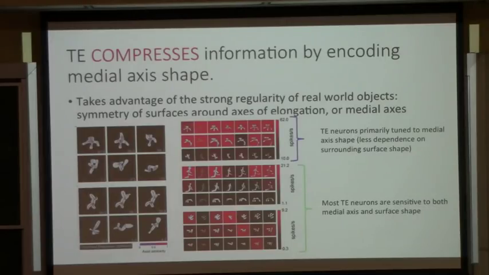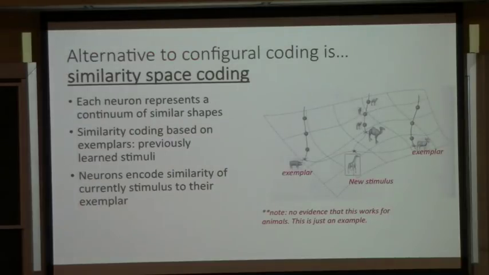Yes? What is TE? I tried looking for what it stands for, and I think it's literally just called TE. It's after V4 in the pathway. I'll see if I can find a better answer, but sorry about that. Okay, moving forward, yes?